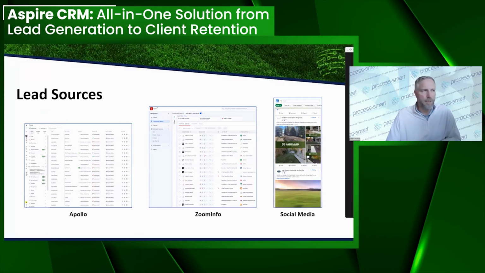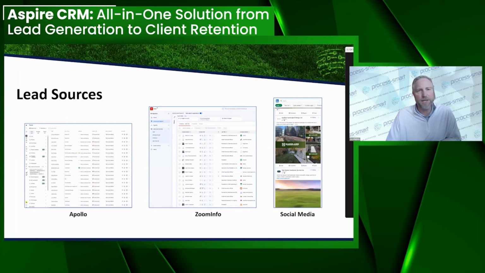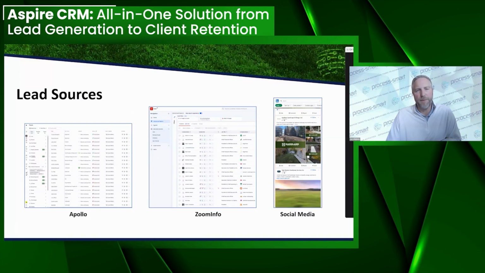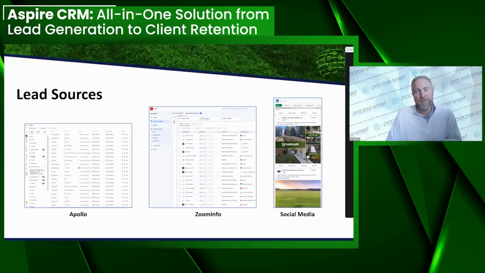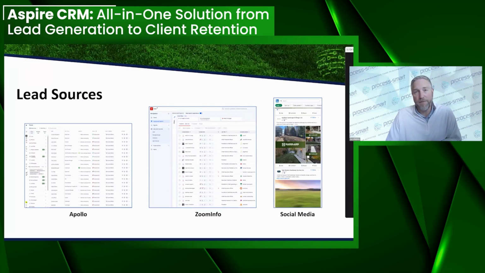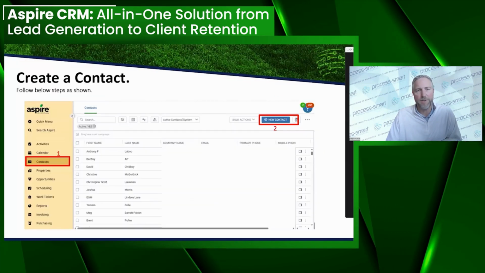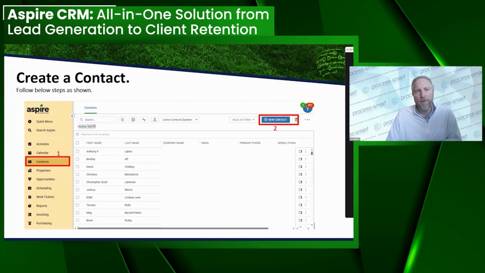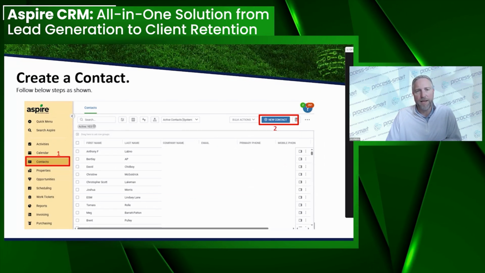So when you do lead sources, this is what your activity sheet can look like, whether it's from Apollo, ZoomInfo, or social media. You're going to take all those different external sources, including individual meetings, and you're going to drive all of that into your contact creation. So that really forms the core of how to use the CRM, is creating these contacts.